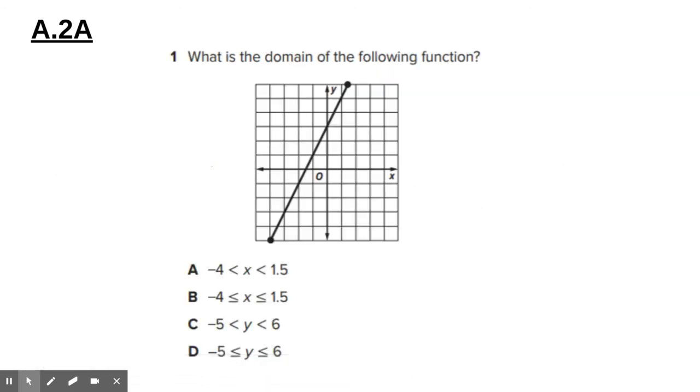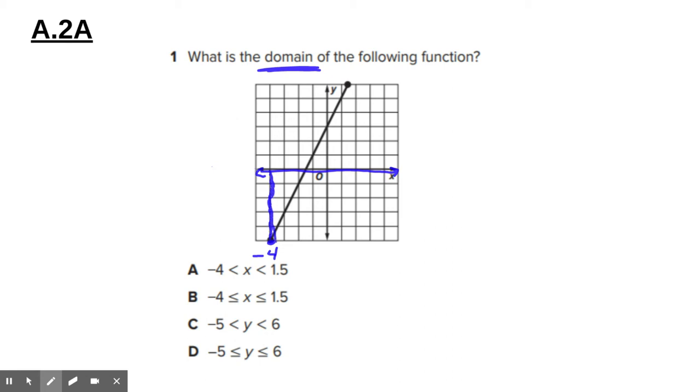Here we go. So what is the domain of the following function? Now we're going to do just the opposite, and we're going to look at the x. I can see when x is -4, because that is -4 right there.